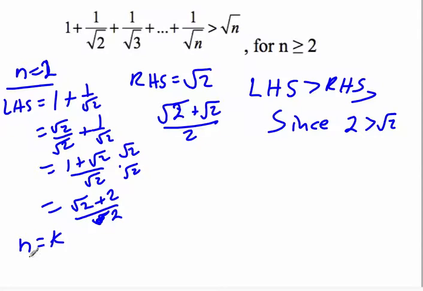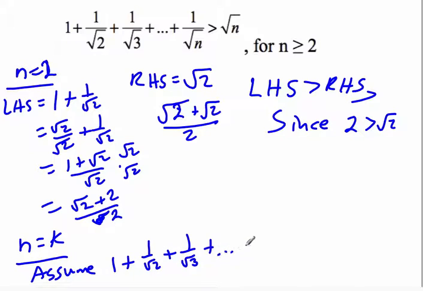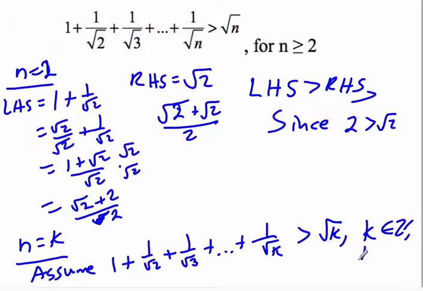Now we're going to go on to n equals k. We're going to assume that 1 plus 1 over root 2 plus 1 over root 3 plus dot dot dot plus 1 over root k is greater than root k, for some k in the integers with k greater than or equal to 2.